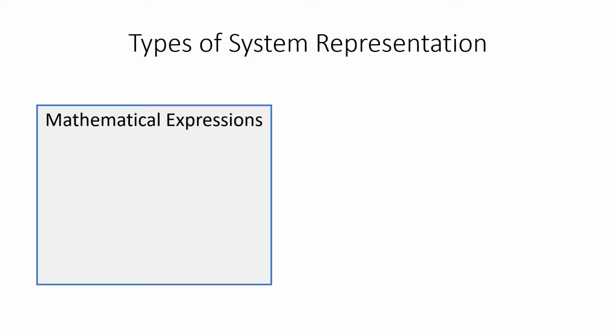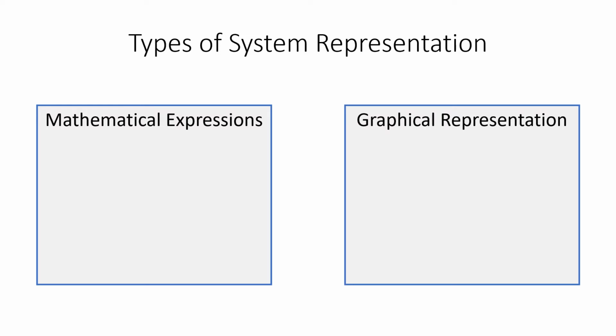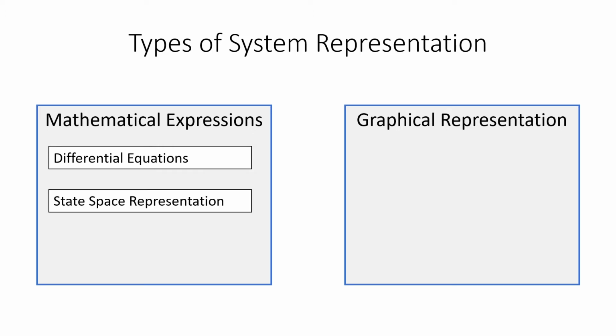So in this context, we have two different paradigms to represent systems. One we call mathematical and the other we call graphical approach. In the mathematical approach, you have seen the differential equations. You know now the state space representation is going to be needed, and oftentimes we would be interested in how the outputs and inputs are correlated and understand the characteristic equations.